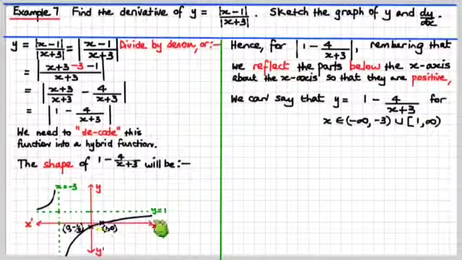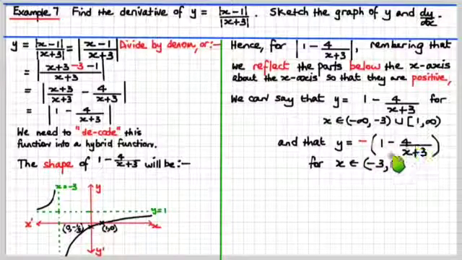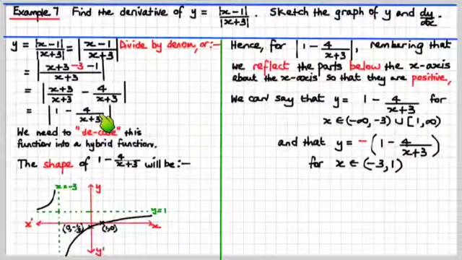That's what it is for that part of the domain, and for the other part of the domain it's the negative of that, to turn the already negative bit under the x-axis into a positive, going from minus 3 not including to plus 1 not including, because I've dealt with the 1 with a square bracket up there for that part of the function. So that's what our decoded hybrid version of what we're seeing here will be.